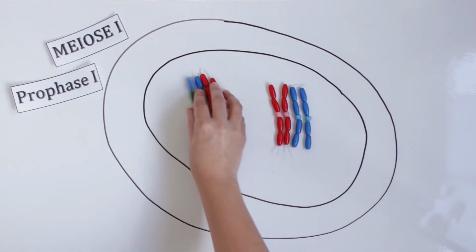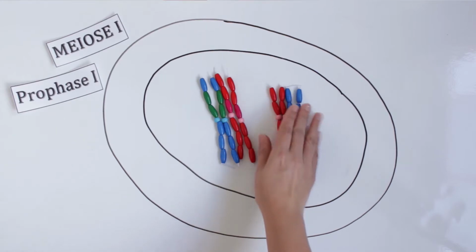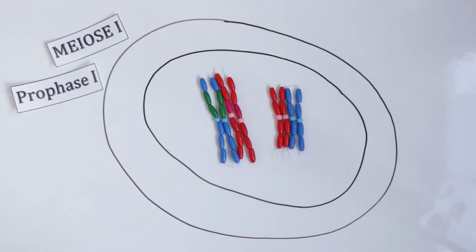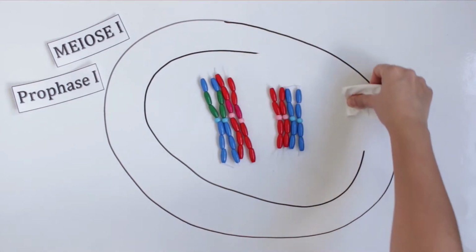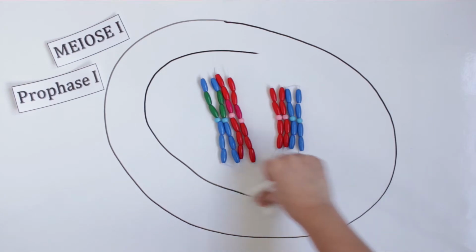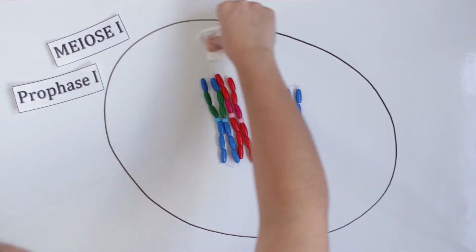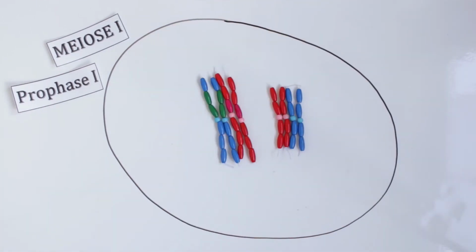So the small one, the big one, they are now organized. And the other thing that happens in prophase 1, the nuclear membrane disappears. So I'm gonna erase my nuclear membrane.